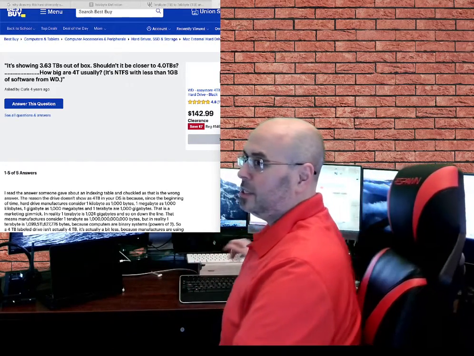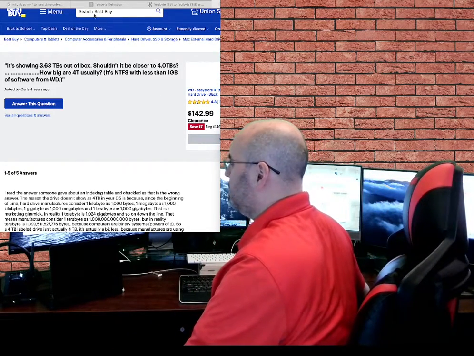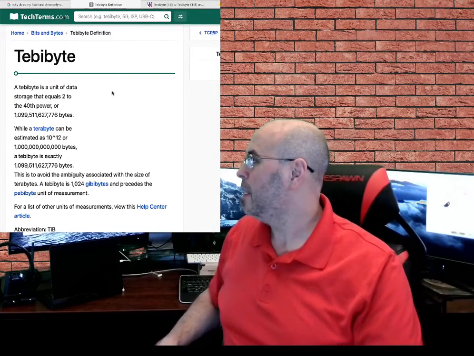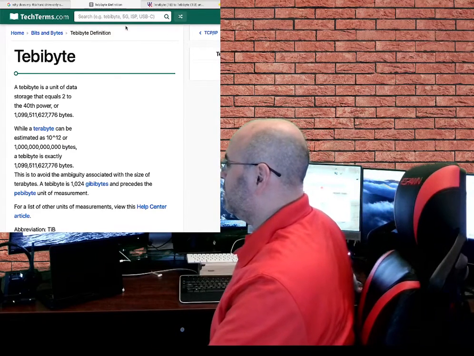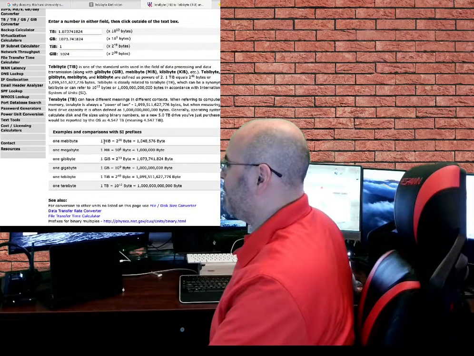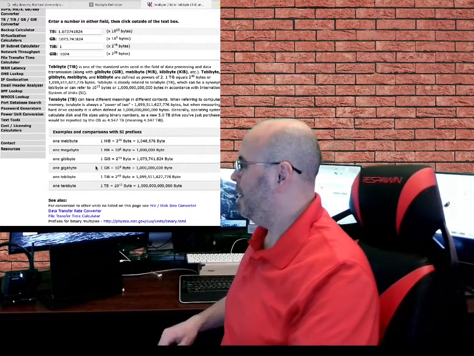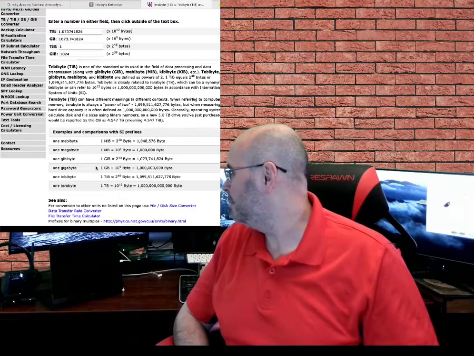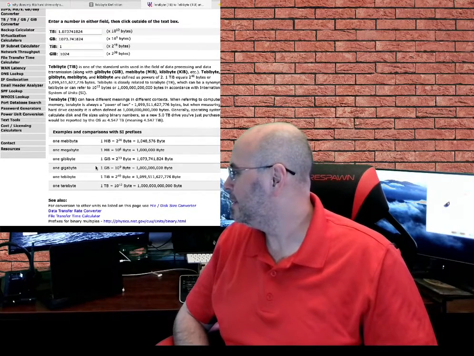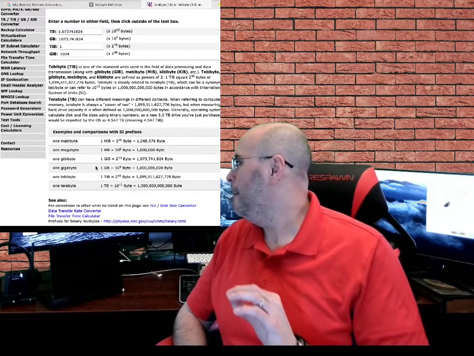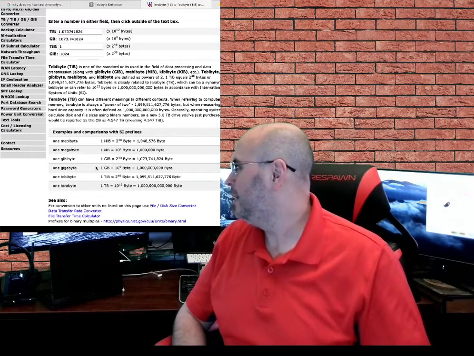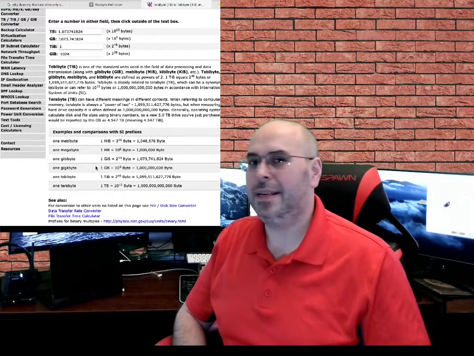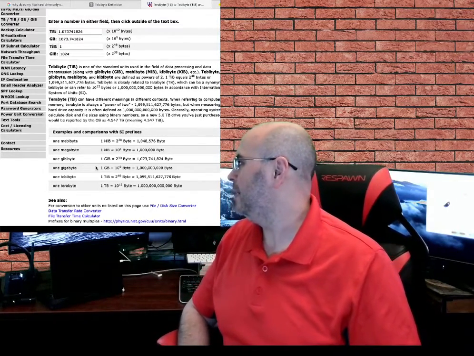What we're actually seeing here is a product of them using the wrong terminology. What you should be using is this chart here. Kibibyte instead of kilobyte, mebibyte instead of megabyte, gibibyte instead of gigabyte, and tebibyte instead of terabyte.